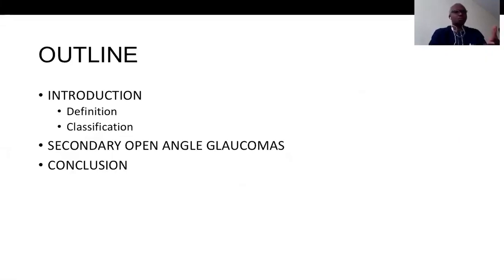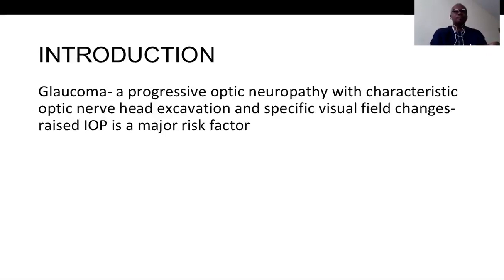I want to follow this outline. As we are all aware, glaucoma is a progressive optic neuropathy with characteristic optic nerve head excavation and specific visual field changes. Raised intraocular pressure is a major risk factor.